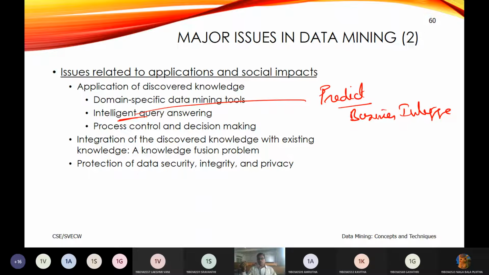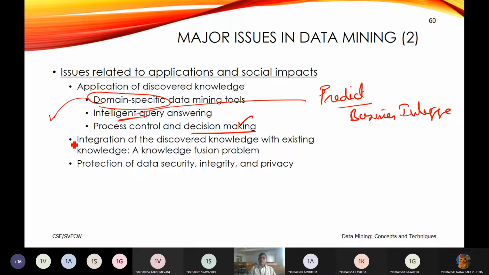That will be the most intelligent way of answering, and people can make good, wise decisions. So these are some of the impacts where data mining is going to play a key role.